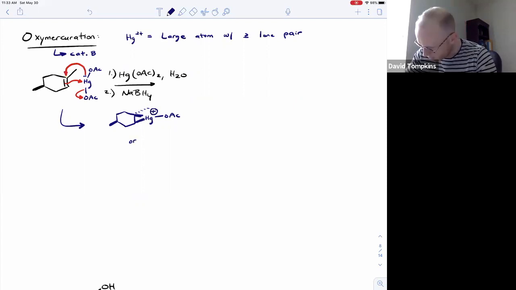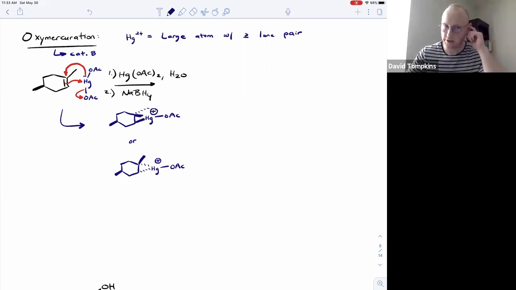Because the alkene is planar, you can also have addition of mercury from the back face, which would push the methyl group forward. And the other methyl over here remains on the front face, as that carbon does not undergo reaction.